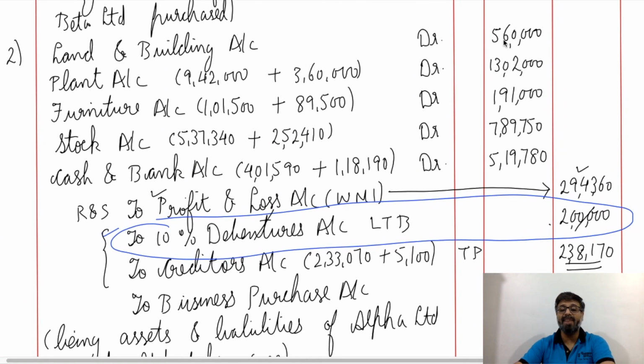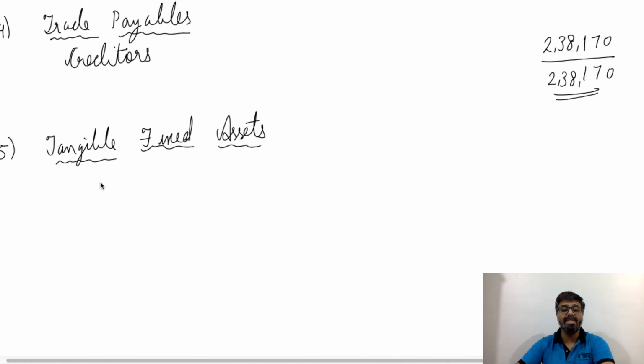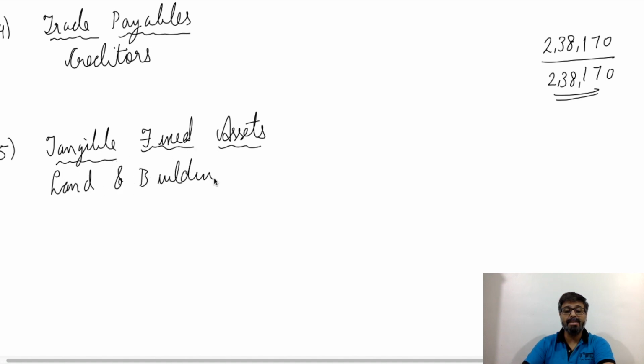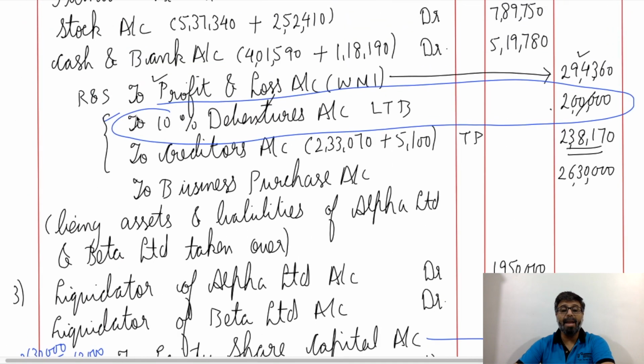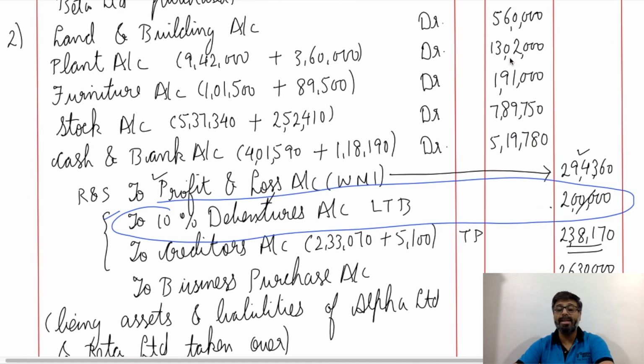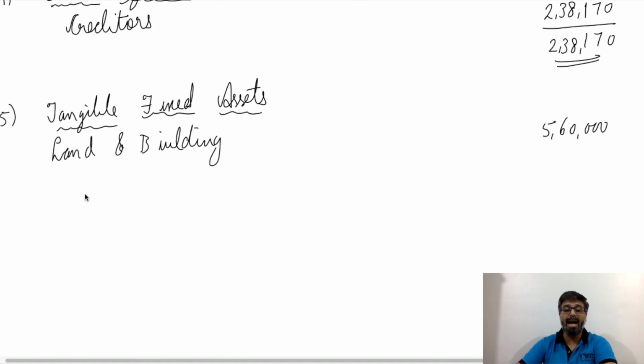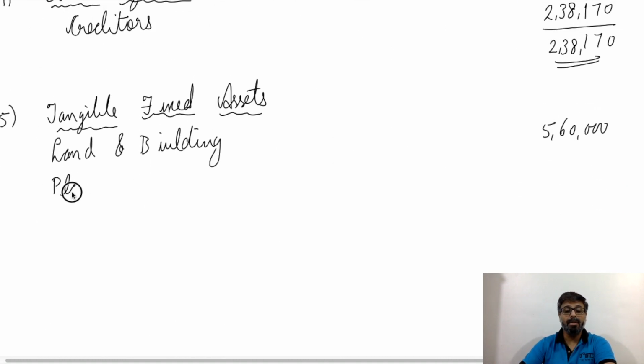Land and building of 5,60,000 is a tangible fixed asset. Then after land and building we have plant of 13,02,000, which is also a tangible fixed asset.